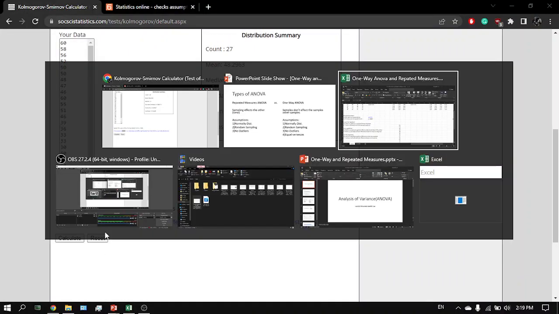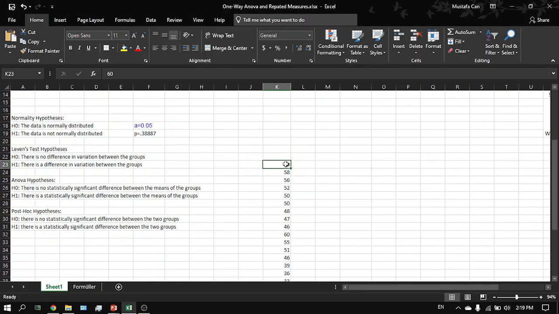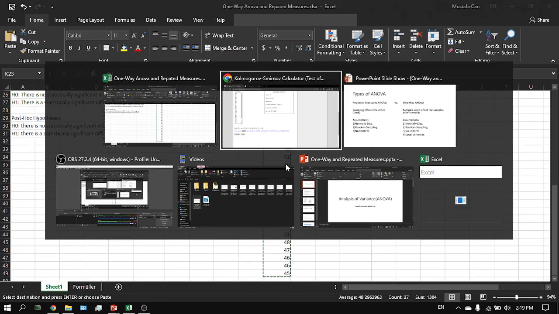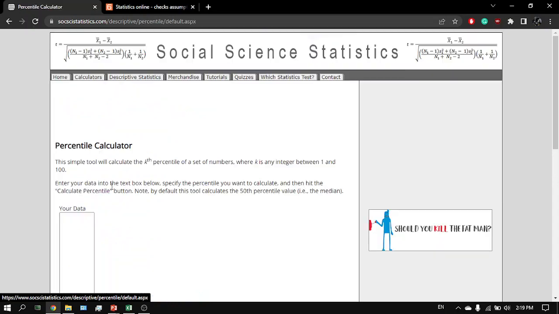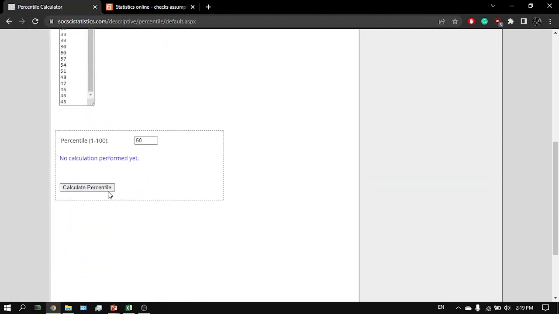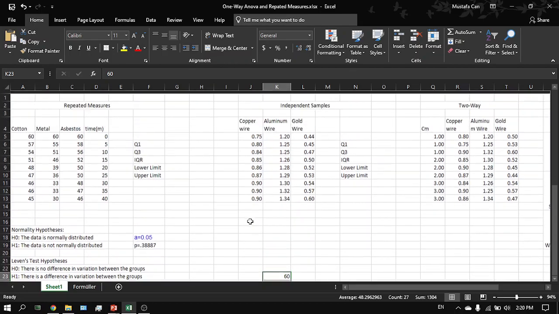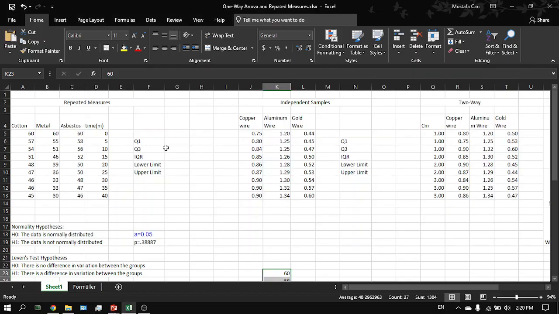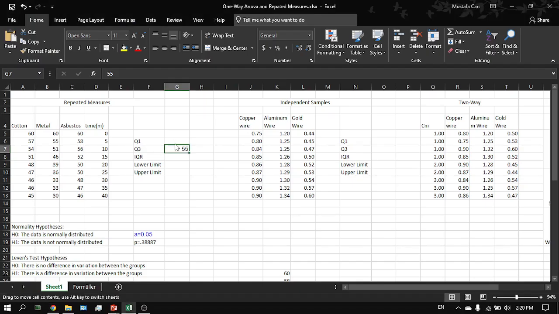And let's see if we have any outliers. I take my data again, copy it before I come here. Descriptive statistics, percentile calculator. Put my data here. Let's see the percentiles. Q3 is 755. Q1 is 46.